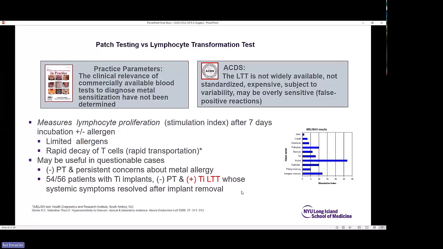They had the implant removed and changed to a non-titanium one, and the dermatitis improved. Again, very limited data at this point. Both the practice parameters and the American Contact Dermatitis Series said there's very limited value, there are false positives and false negatives, and relevance is unknown at this time.